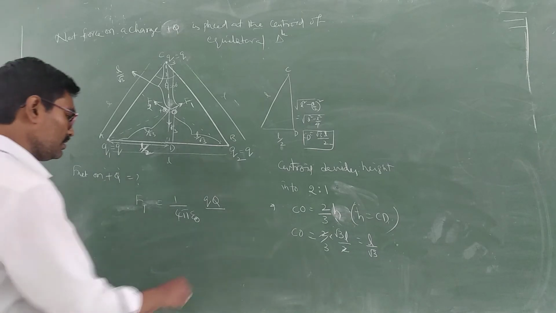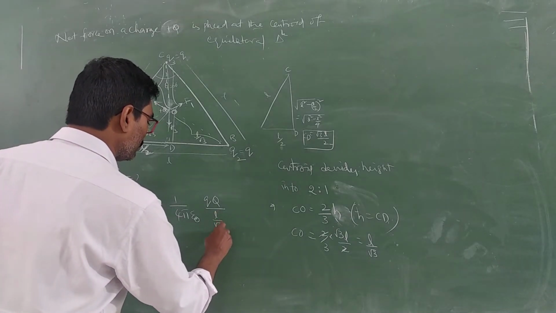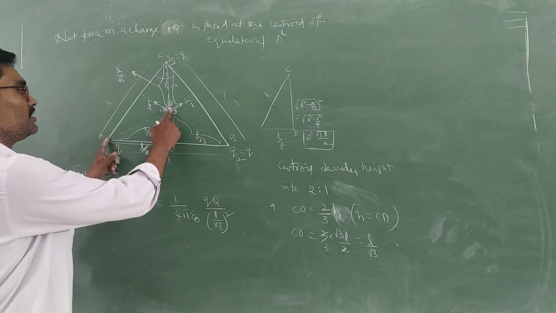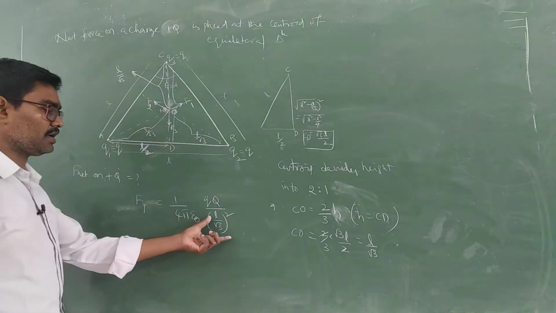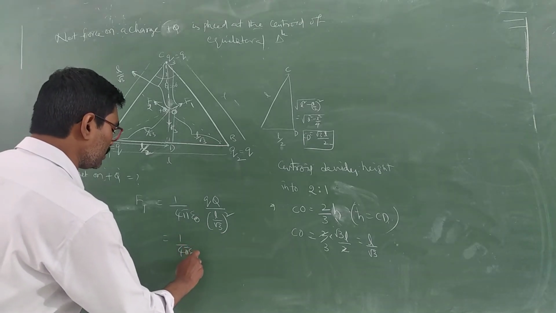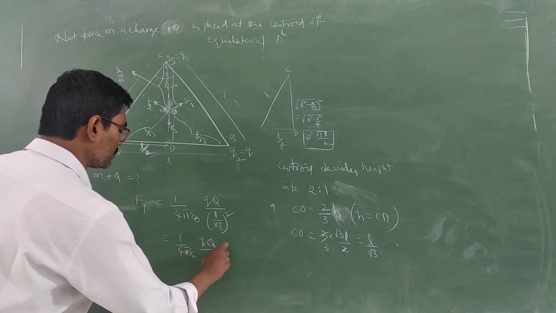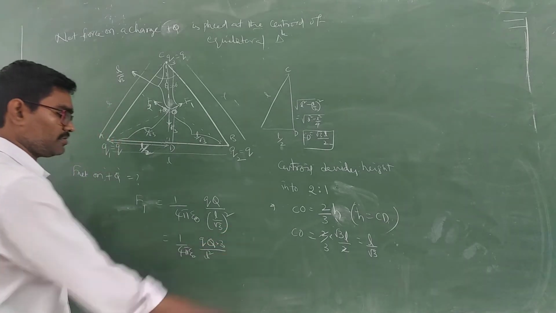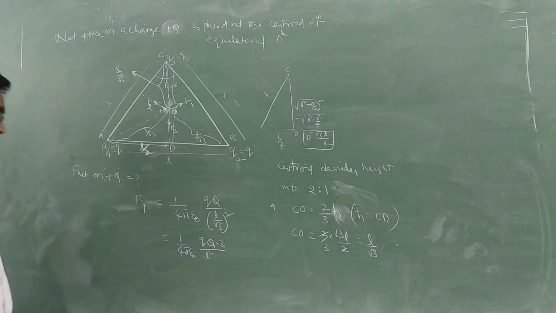Substitute. So L by root 3 whole square. Since F1 we are calculating, from here to here separation is what? L by root 3. So L by root 3 whole square. What is this? 1 by 4 pi epsilon naught, small q capital Q by L square by 3. So that got to numerator, 3 by 3.